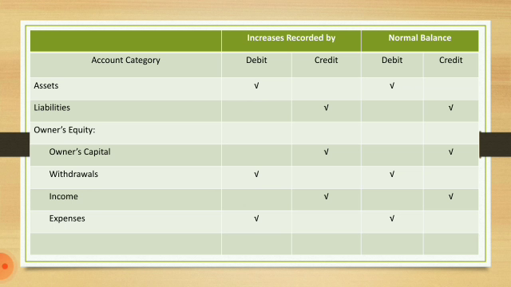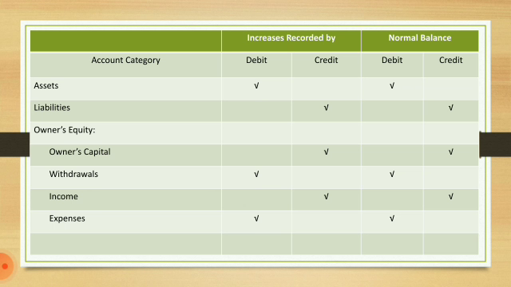Now, let's talk about the normal balance first. Take note that in accounting, there are dual effects in every transaction. And when we say effects, there are two sides involved: the left side, or what we call as debit, and the right side, or what we call as credit.